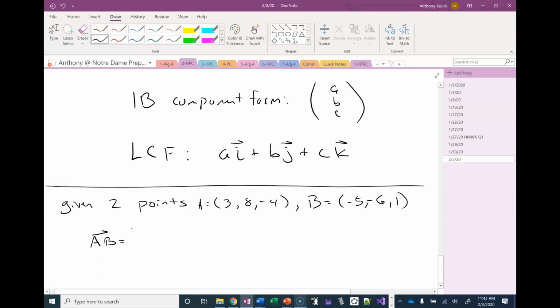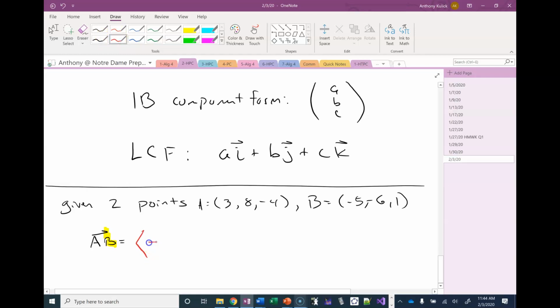B. How can you tell? That's correct. Yeah, the head of the arrow is over the B. Everybody's good with that? Okay.